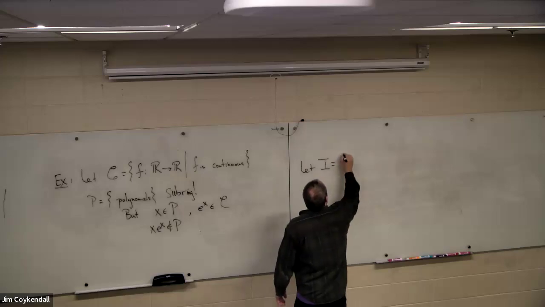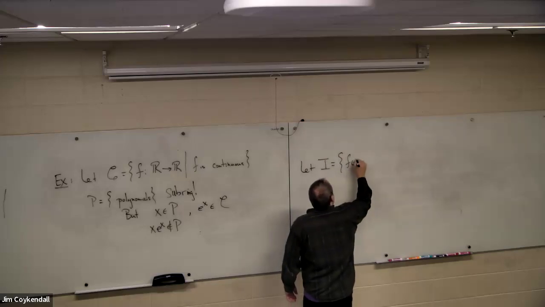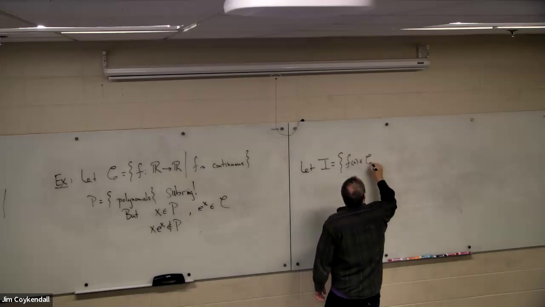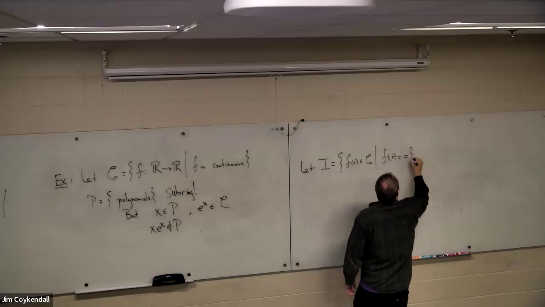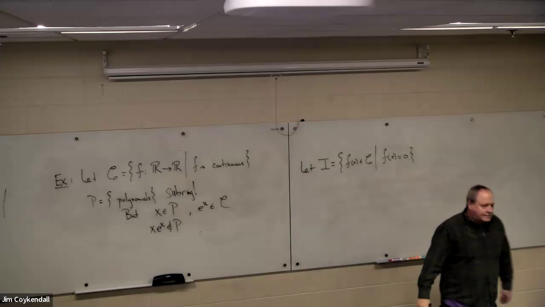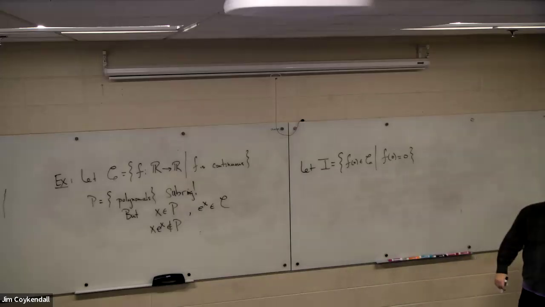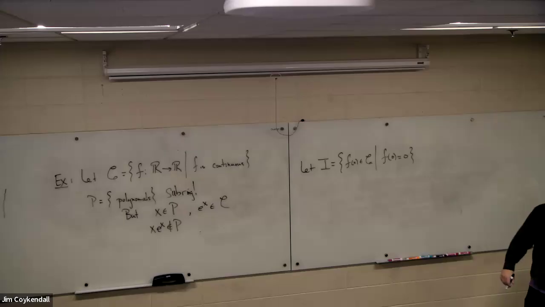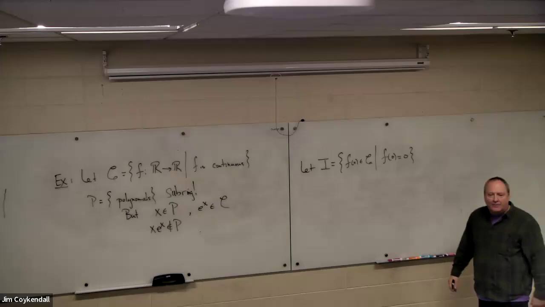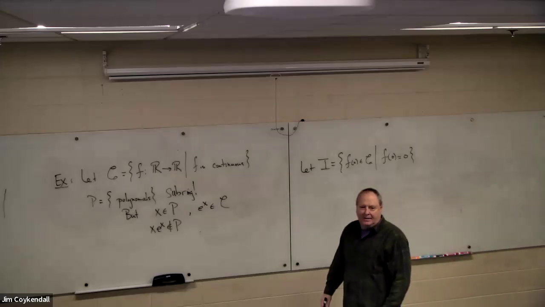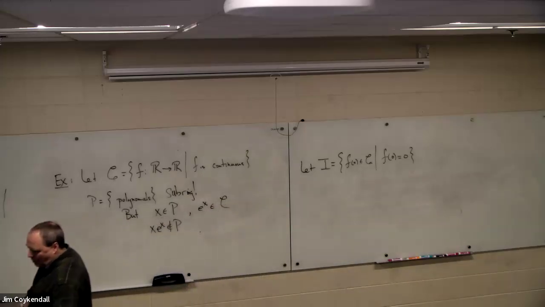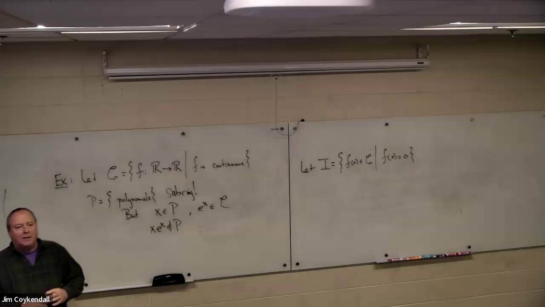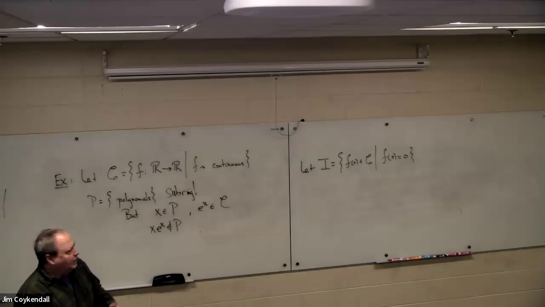Let I be the set of f of x in C such that f of 0 is 0. Okay, the first thing I want to convince myself of is that this is not the empty set. I do not wish to stand in front of you all at this hour of the morning and prove theorems about the empty set. So pray tell, is there something in here?